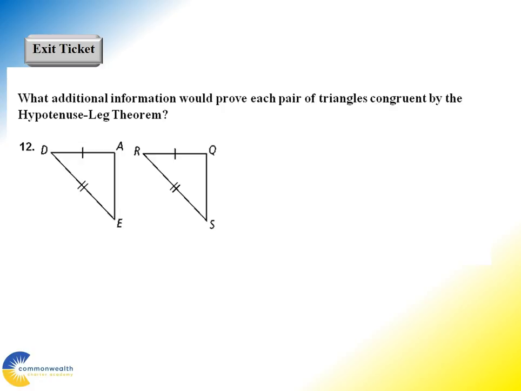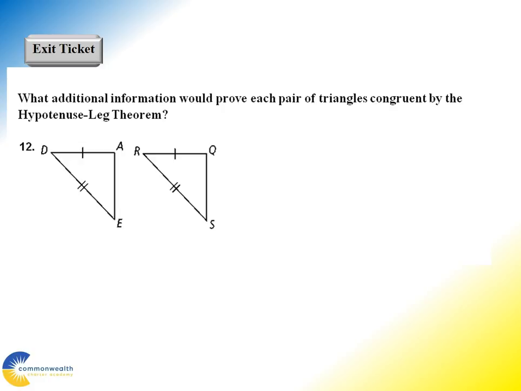So when I look at this one here, I have two pairs of congruent sides. For hypotenuse leg, I don't need the third sides being congruent. What I do need is these to be right triangles.